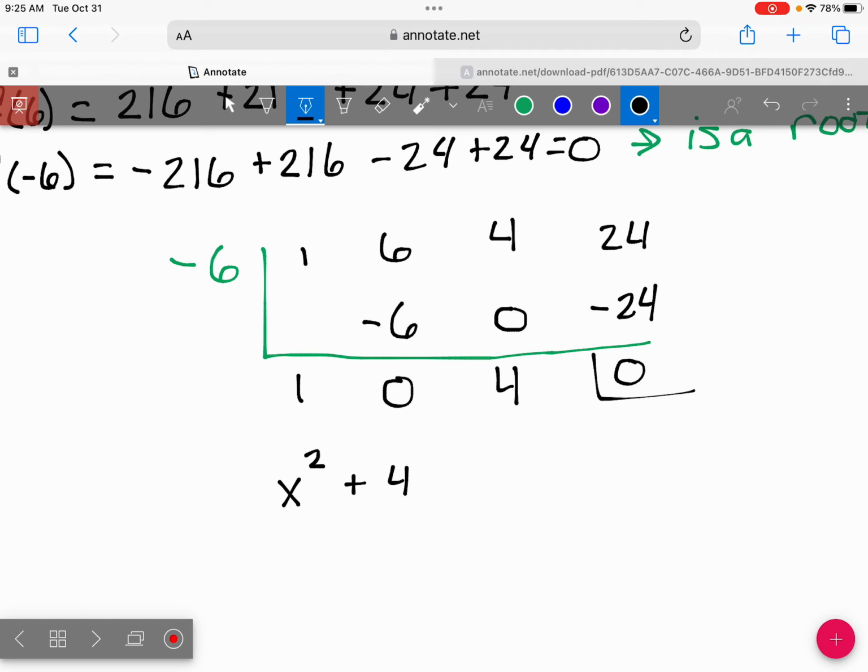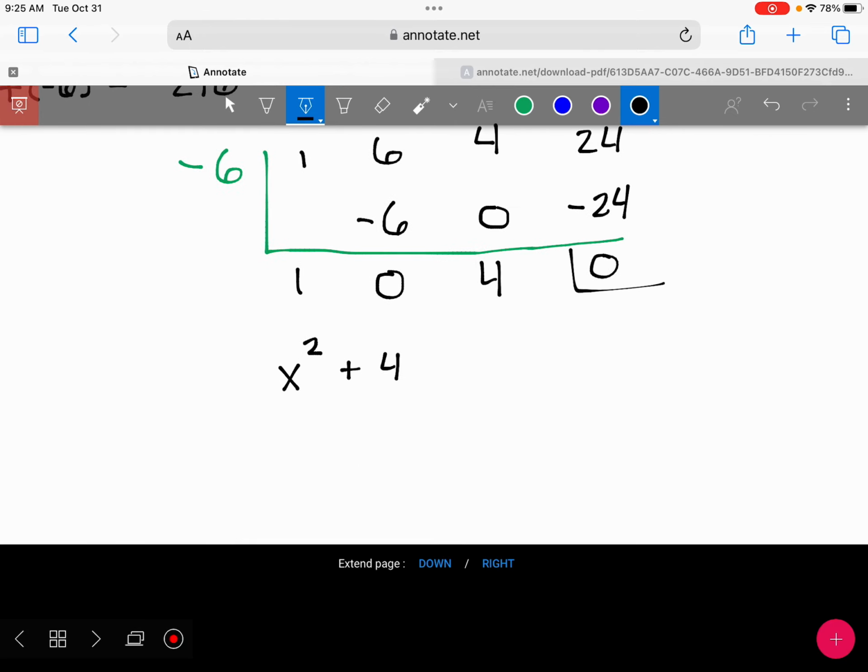Can we factor that? Is that a difference of squares? No. It's imaginary. Our roots are going to be imaginary here. So think about if we set this equal to 0 to find our solutions, our roots.